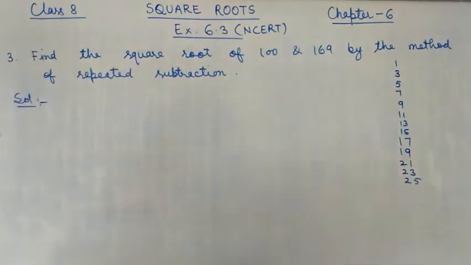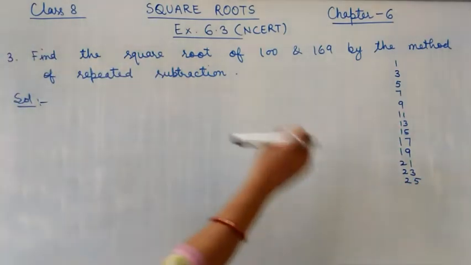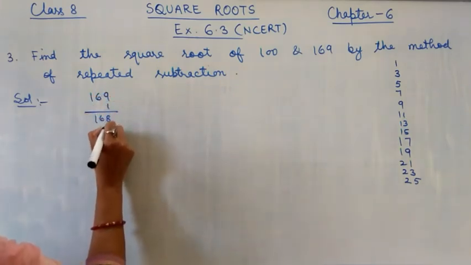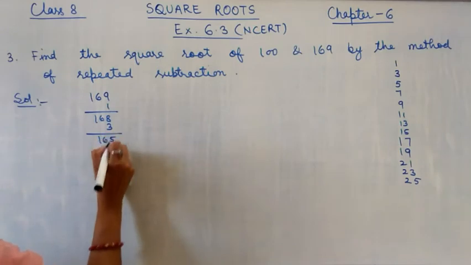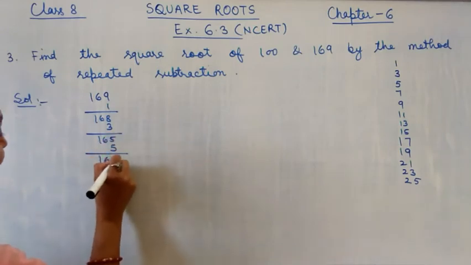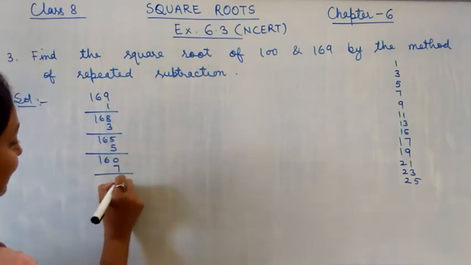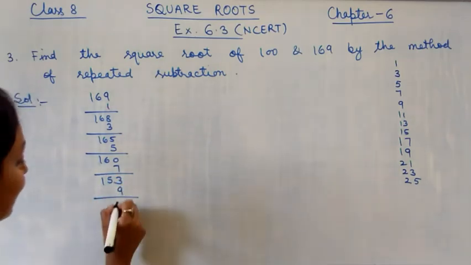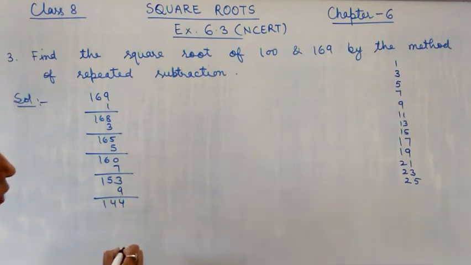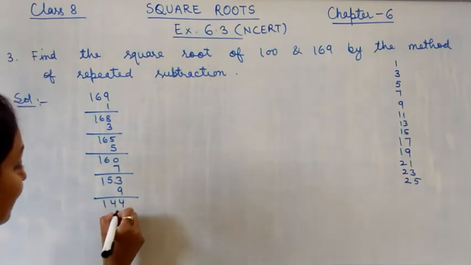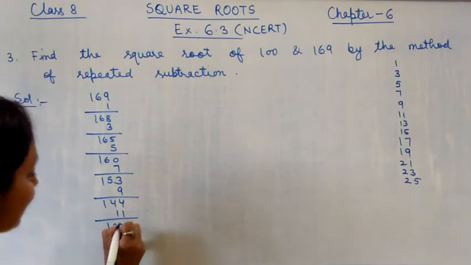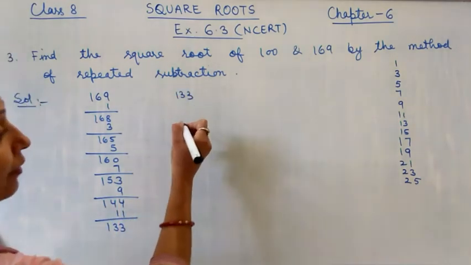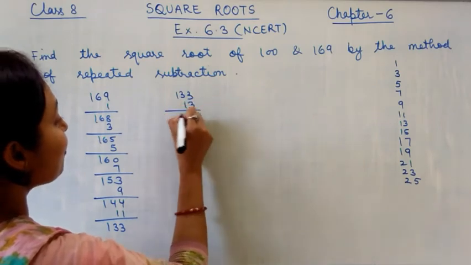So I will do the subtraction by using these odd numbers. 169 minus 1 is 168, then 3 gives 165, then 5 gives 160, then 7, 9, 11, 13, and so on, 144, then 133, and continuing down.